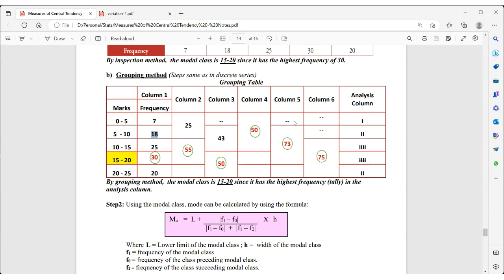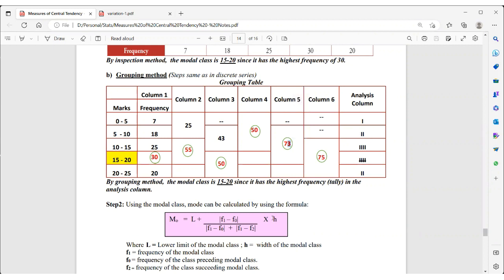Similarly, in column 5, you're leaving first, and this 73, how come? By adding 18, 25, and 30. By adding all these three, you get this number, 73. So that means 18 comes in 2: one in column 4, and one in column 5. So we write 2.